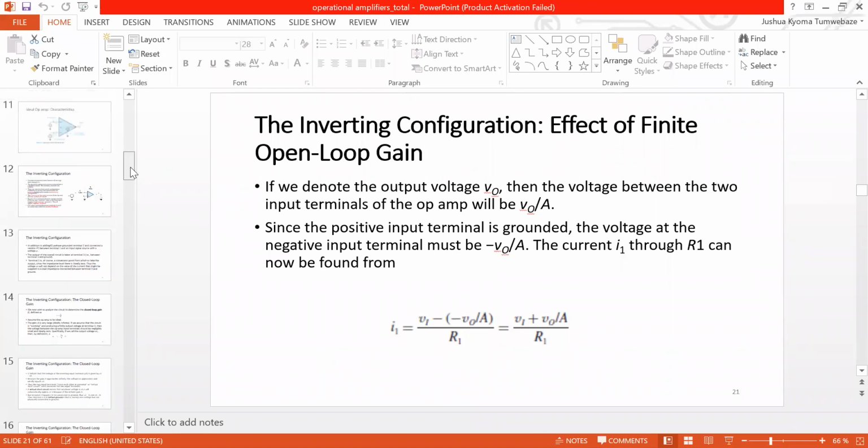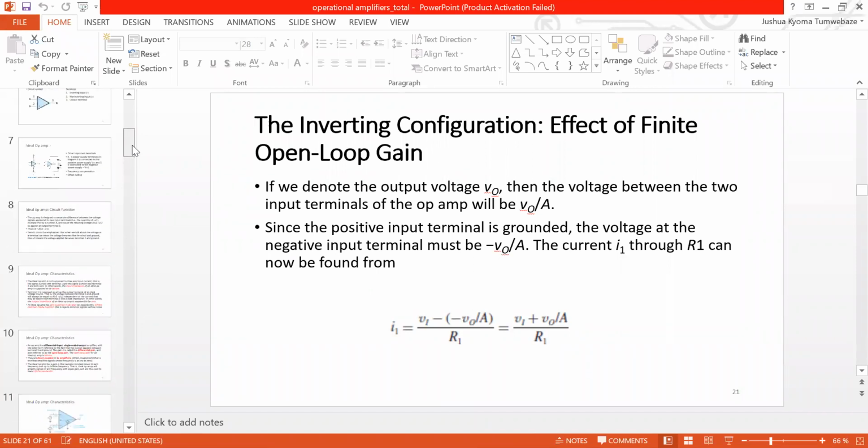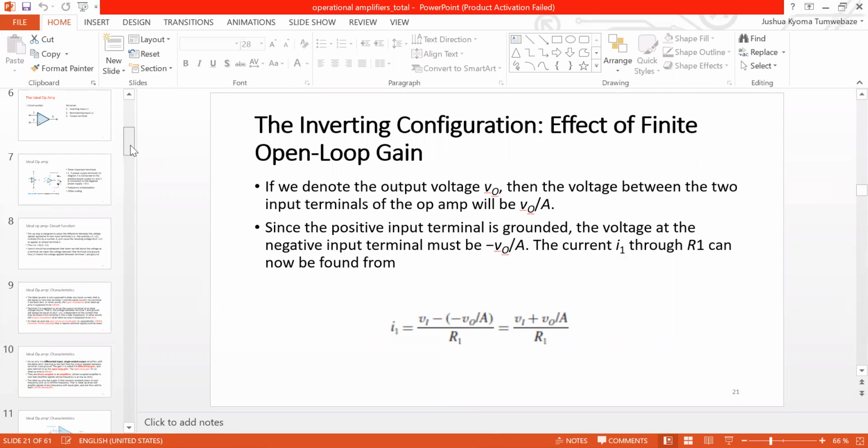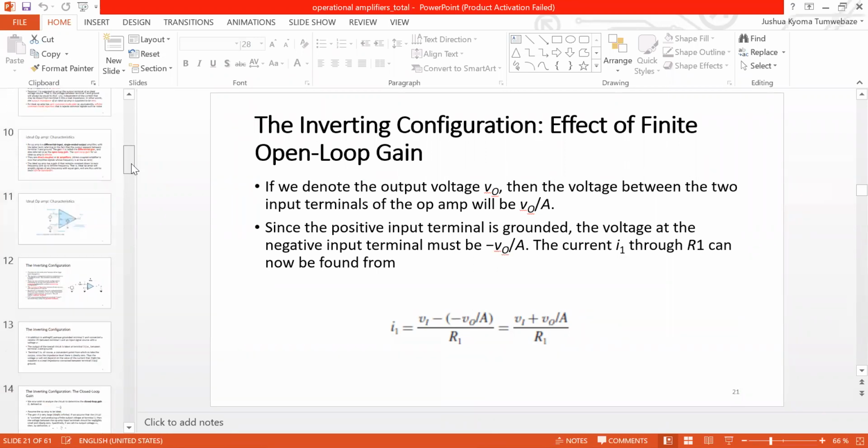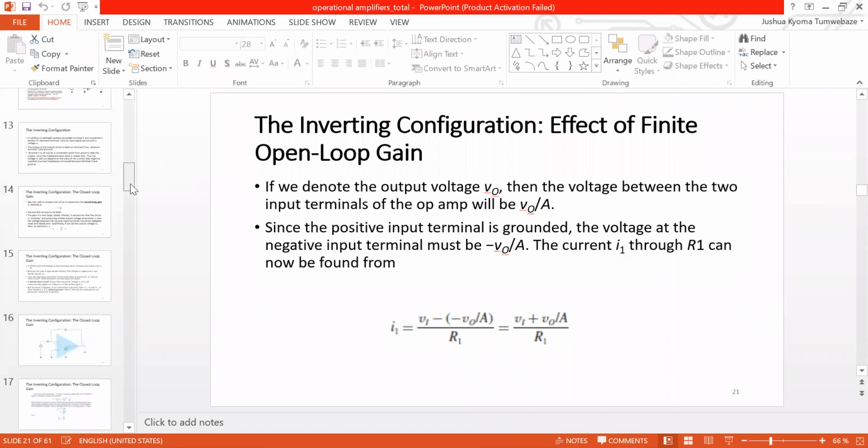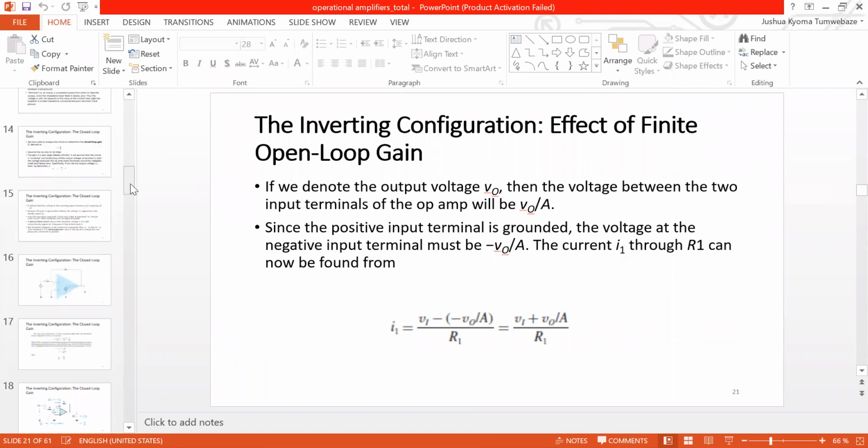You should have these slides on your computer, or print them out, so that you can refer to them. You can go back to the earlier slides and see that V2 minus V1 is equal to V0 over A, or we start from V0 is equal to A times V2 minus V1.